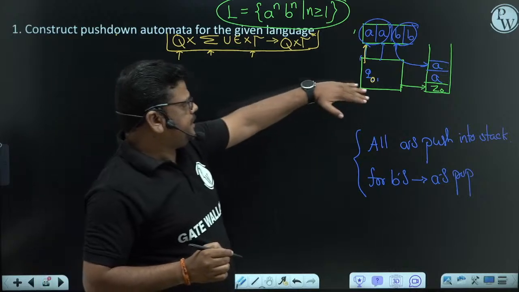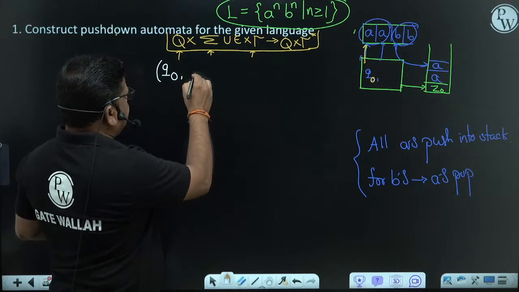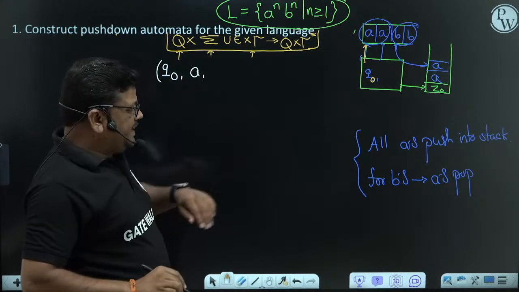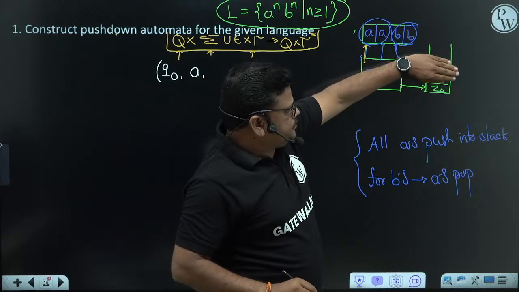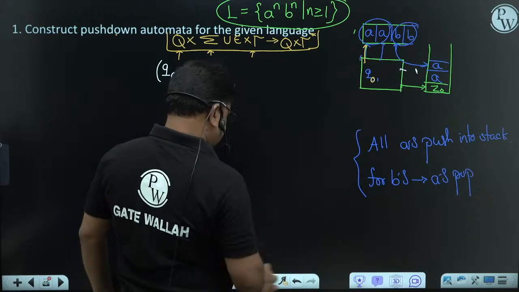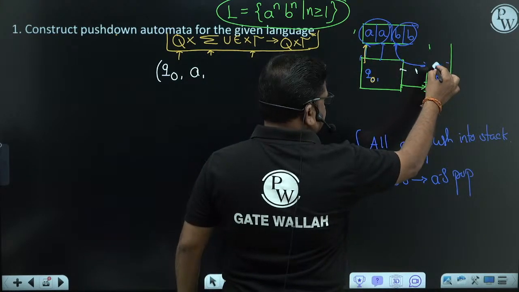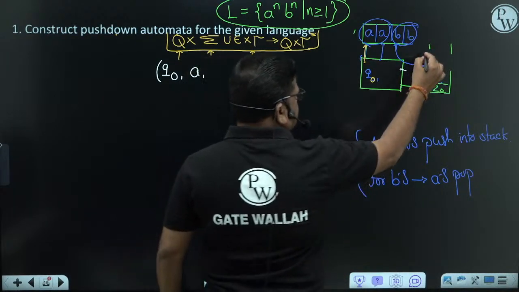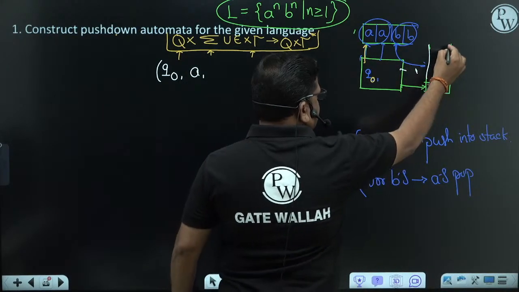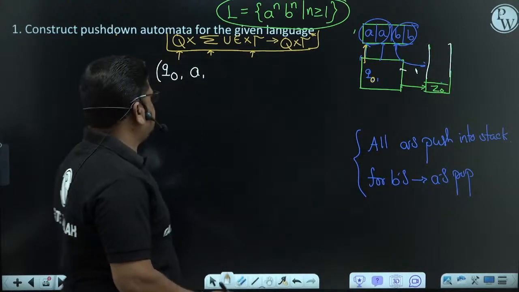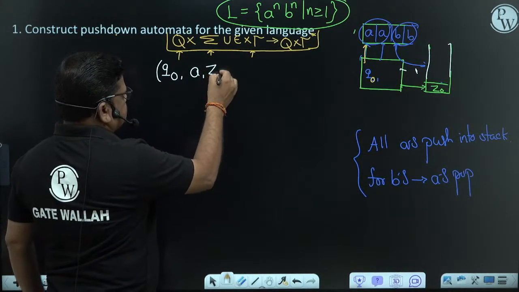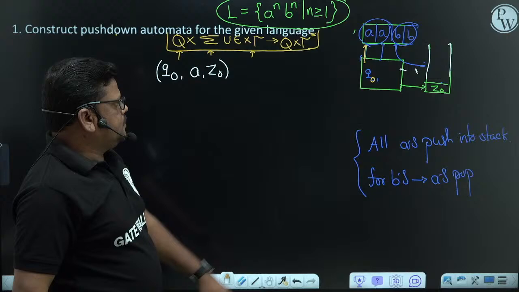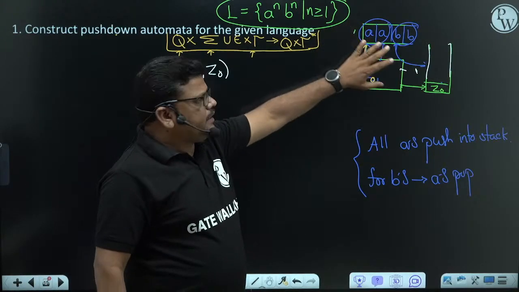My initial state is Q0. Reading symbol is A. What is the initial top of the stack? Initially Z0. So I am in Q0, reading symbol is A, Z0.